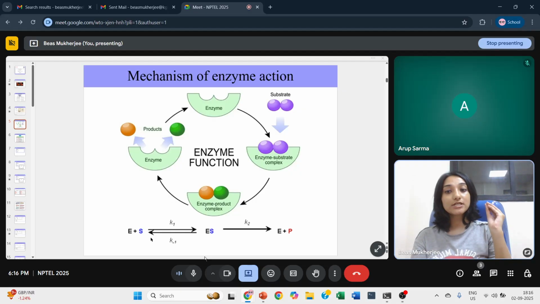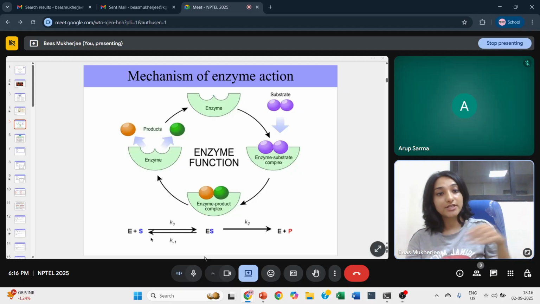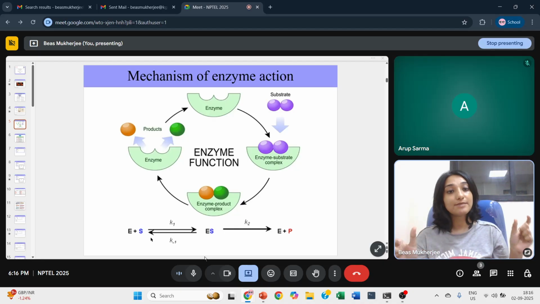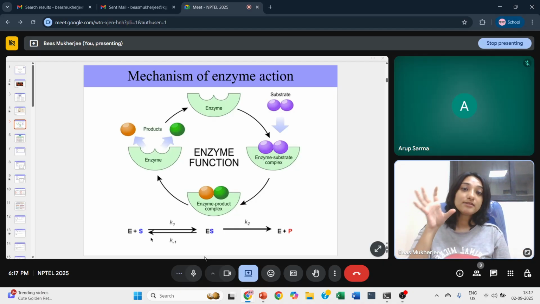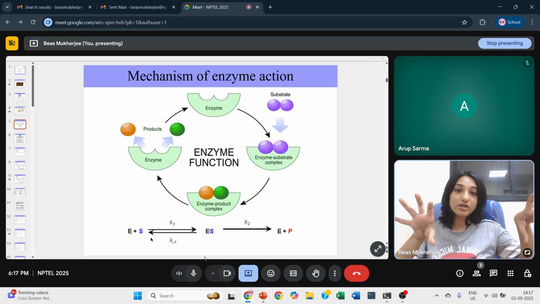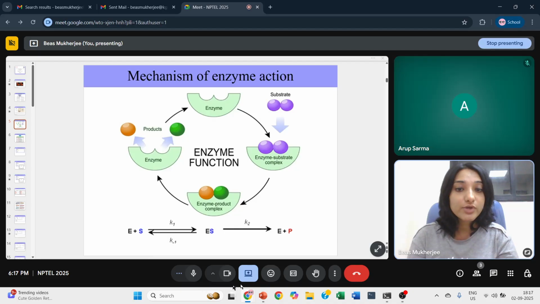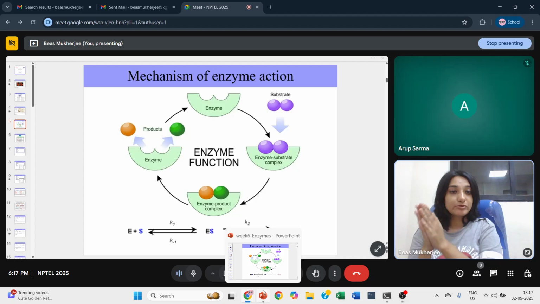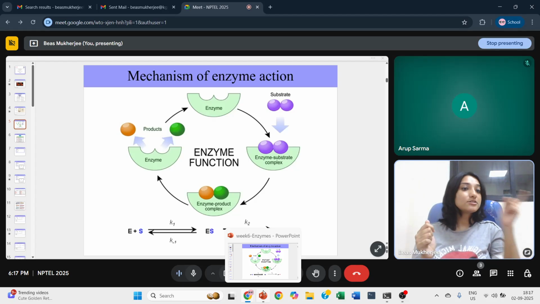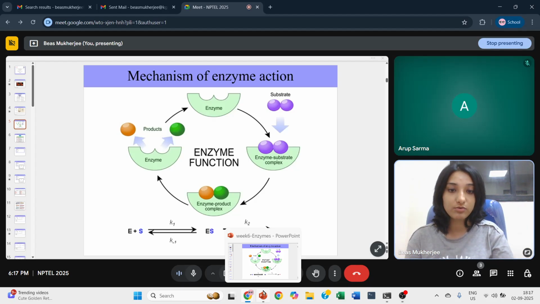The rate constant for the reverse reaction, that is enzyme substrate to enzyme plus substrate, so it is basically breaking up, is K minus 1. And enzyme substrate to enzyme plus product formation is K2. K2 usually does not have a reversible reaction. So once the substrate is converted into the product, it is not converted back into the substrate once again.